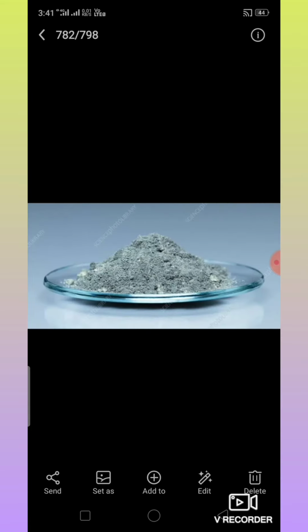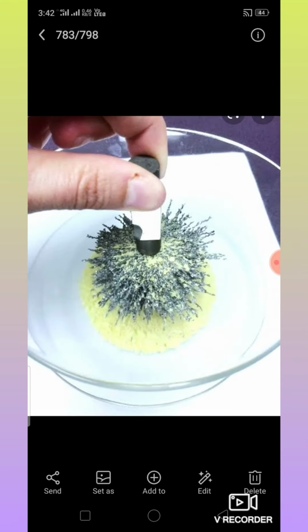Let's see, this is the result for the mixture, that is iron filing and sulfur. The table shows its appearance is a dirty yellow powder. And what is the effect? If I use a magnet, the iron powder is attracted towards the magnet.